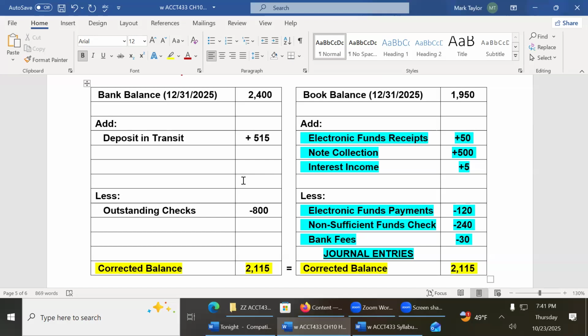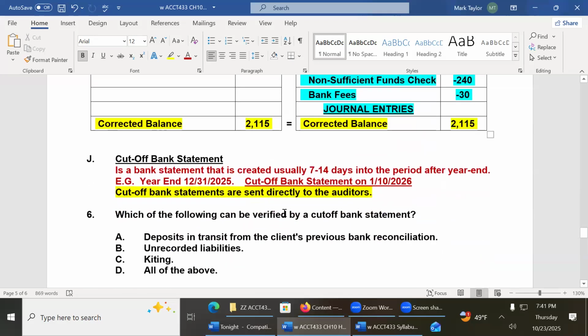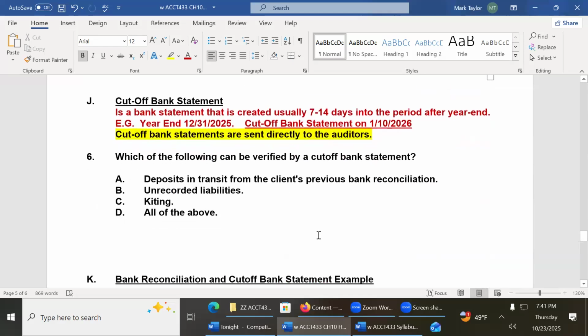It kind of was, but here's the beauty of doing that: the bank that receives it thinks that cash is there, and you may very well credit your account. The disbursing bank won't know about it. You'll have money in both those accounts. It'll look like you have a lot more money than you really have. It's not very common anymore, but you can find it on a cutoff bank statement.